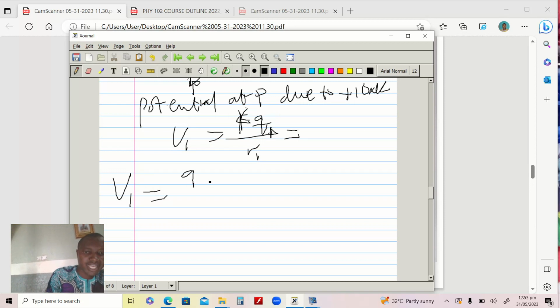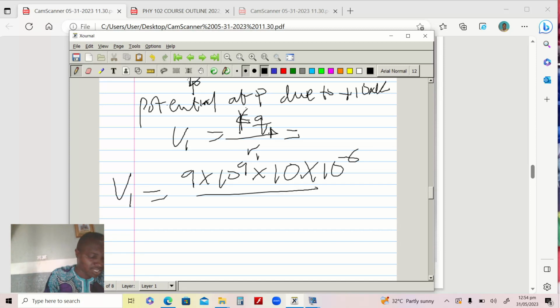Put the value of K there, 9 times 10 to the power 9, multiplied by Q1, which is 10 microcoulombs, that is 10 times 10 to the power minus 6, divided by 1.0. So which is equal to 90 times 10 to the power 3. This is what I get. Calculate your own. Joule.